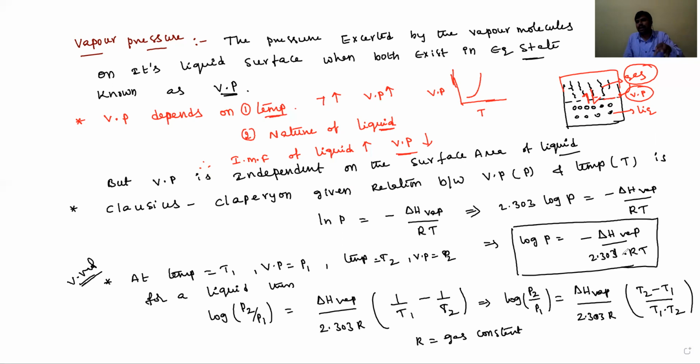If a liquid exists at different temperatures, T1 with vapor pressure P1 and T2 with vapor pressure P2, then log P2 by P1 is equal to delta H by 2.303 R into (T2 minus T1) by T1 T2. This formula is very, very important.